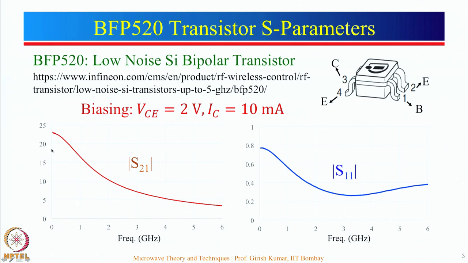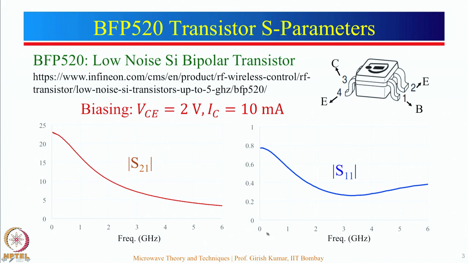But you can see that as frequency increases, gain keeps on decreasing, and somewhere at 4 gigahertz now, gain is just about 5 squared, which is equal to 25, and as frequency increases further, gain is reducing further. Now, corresponding to this, we have the S11 plot.